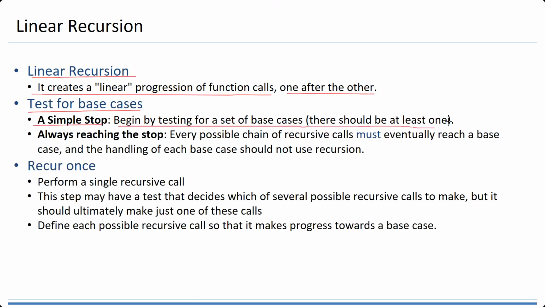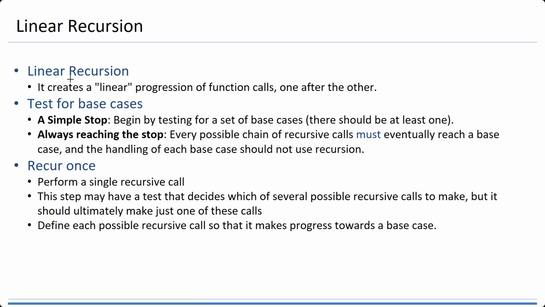There should be at least one base case, and it should always reach the stop. It means every possible chain of recursive calls must eventually reach a base case, and the handling of the base case should not use recursion. So this is the condition. The base case should not use recursion.